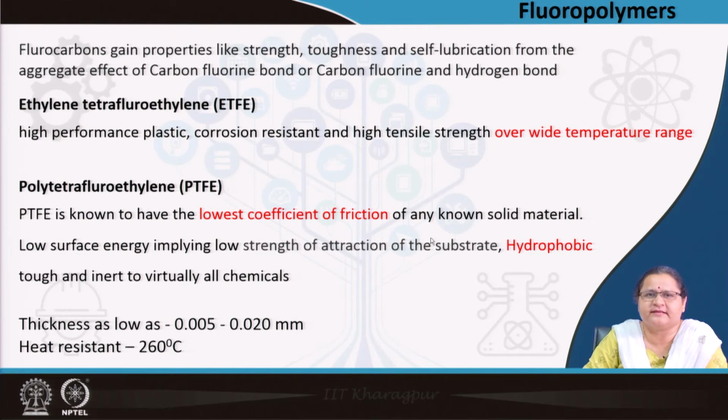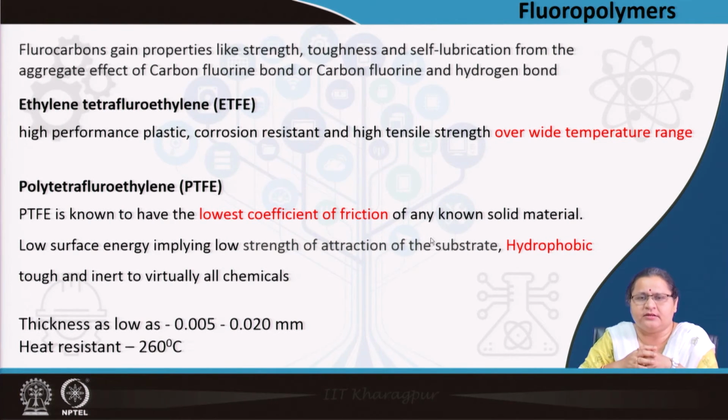The first one is the carbon-fluorine bond in case of polytetrafluoroethylene. It is a carbon, fluorine and hydrogen bond for ETFE or ethylene tetrafluoroethylene, and these can have a high tensile strength over a wide temperature range.